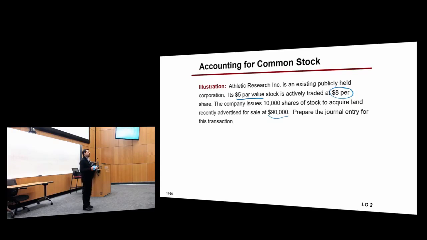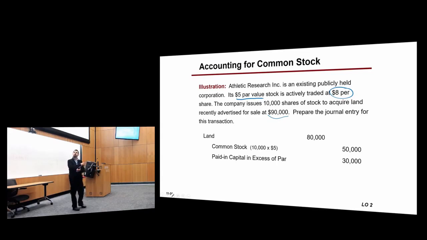So this is why, in this case, the company will debit what? Land, right? They are buying land. So that land will be debited $80,000. That's cost. So in this case, this is cost according to the market price.